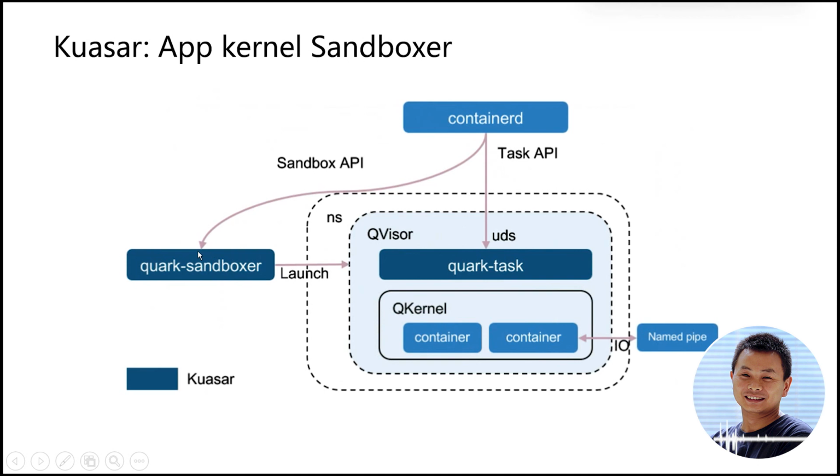In this scenario, what the Kuasar sandbox does is not that much compared with the micro VM sandbox, because you just need to launch this process and maybe do some bind mount of folders, directories or some files. And as it's just a process, the container IOs can be redirected out through the named pipe. We just need to bind mount the named pipe into the namespace, and then Kuasar or the kernel can recognize it.